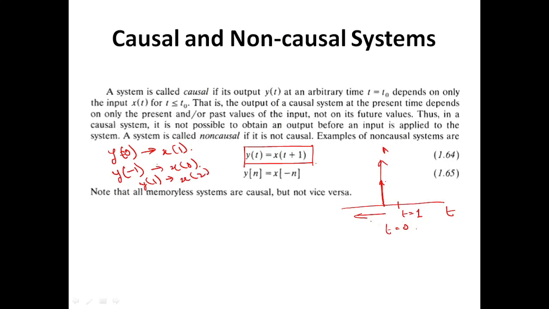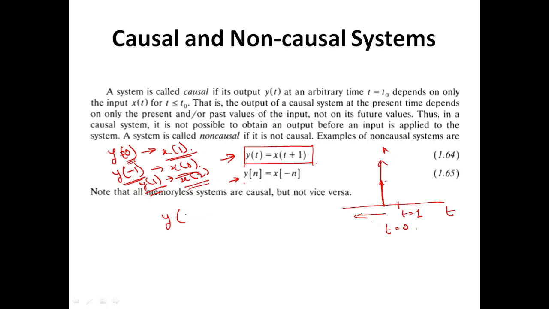In all of these, for y equals 0, that means the present instant, we need to have a signal from the future. Similarly, at y equals -1, again the signal needs to be from the future. For y equals 1, again the signal has to be from the future. That means this system is non-causal.